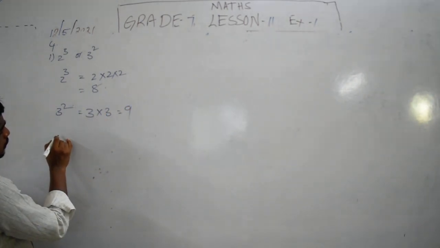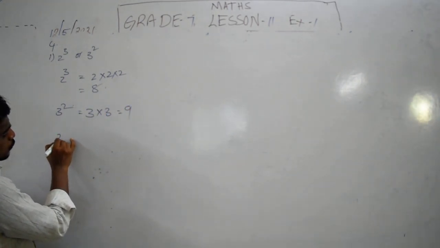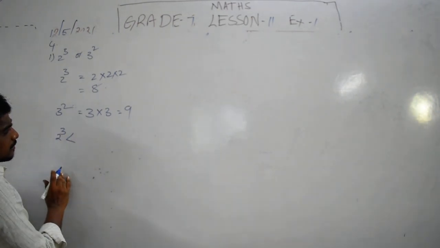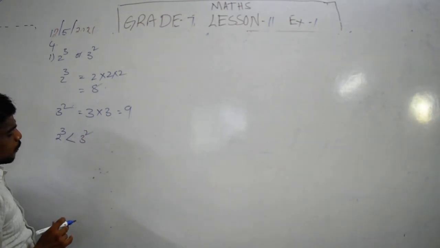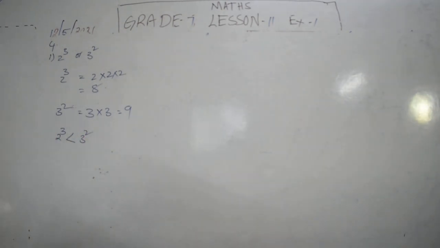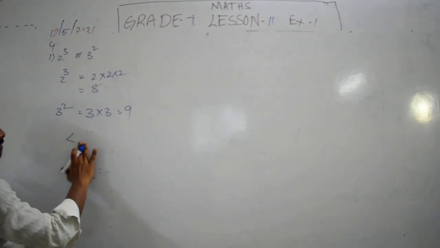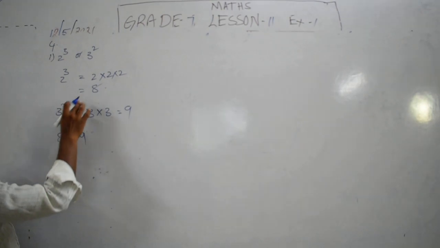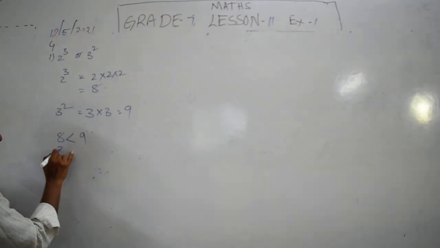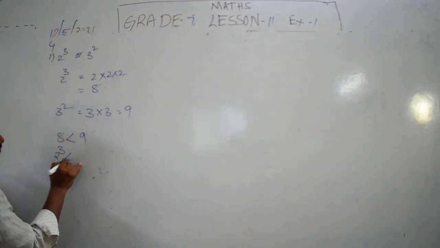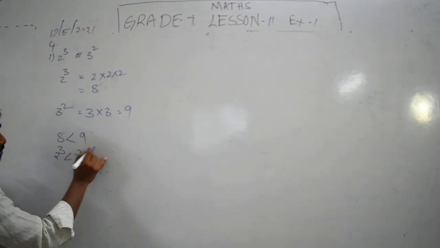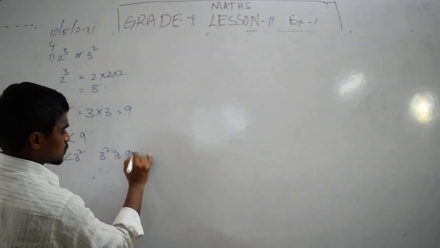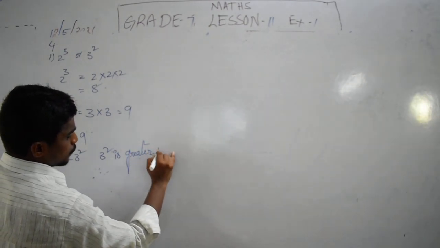So 2 power 3 is less than 3 square. Why? 2 power 3 is 8, less than 9. 8 comes from 2 power 3 and 9 comes from 3 square. So 3 square is the greater value.